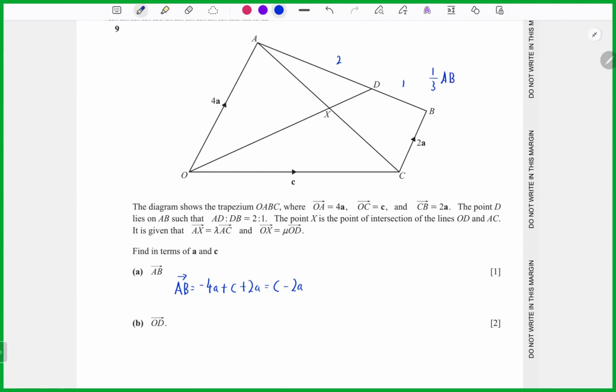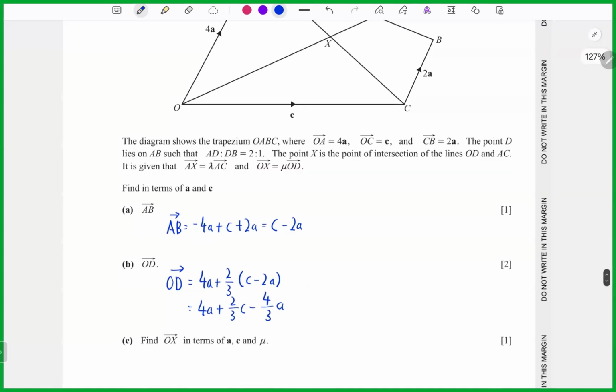AB is the direction here. So I can take 2 over 3 AB. So I can write OD equals 4a plus 2 over 3 (c minus 2a), which is 4a plus 2 over 3 c minus 4 over 3 a. So you will get 8 over 3 a plus 2 over 3 c.